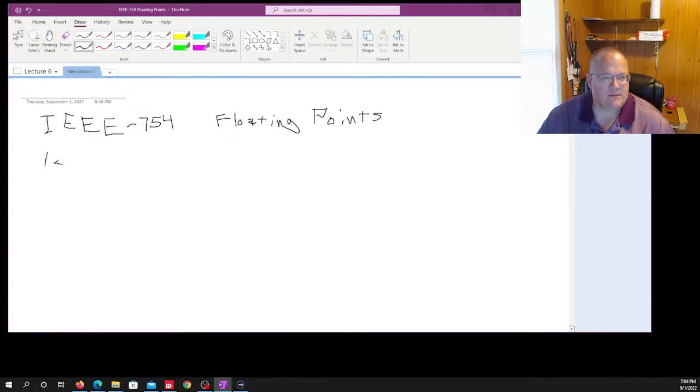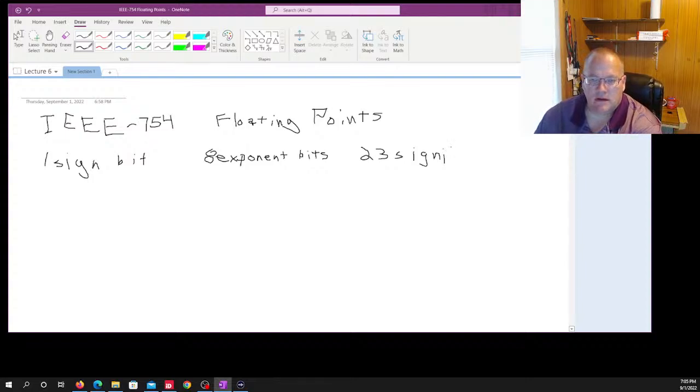They have one sign bit, and then they have 8 exponent bits and 23 significand bits.